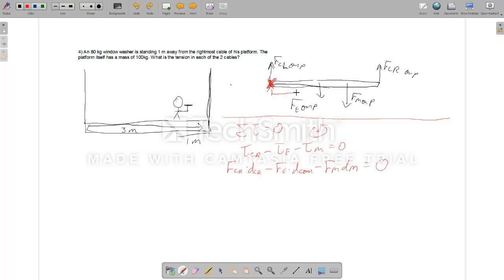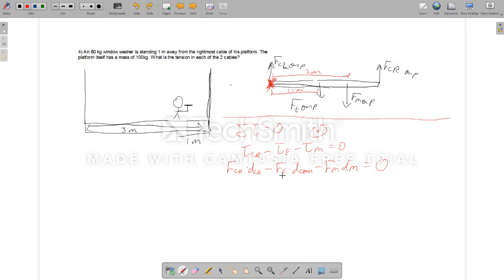So if it's exerted at the center of mass, it's going to be halfway. If it's a 3-meter platform, this is going to be 1.5 meters. Then the man is standing 1 meter from the rightmost side, so this is going to be 2 meters, and then obviously to the other end is 3 meters.